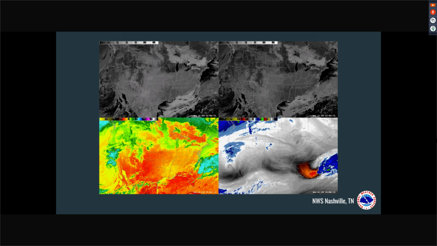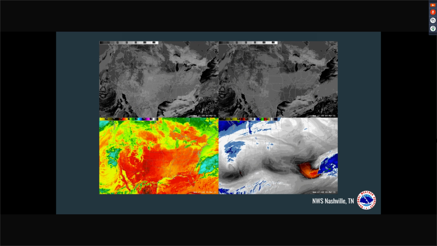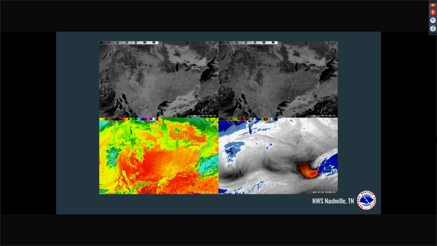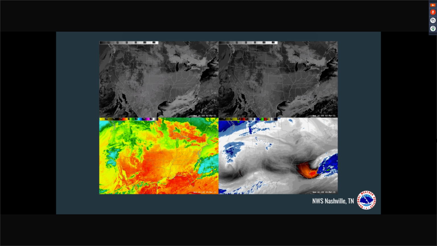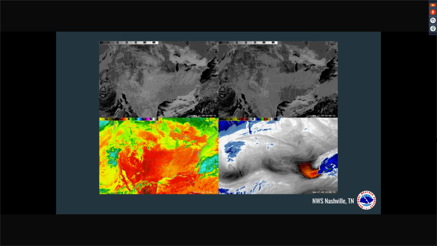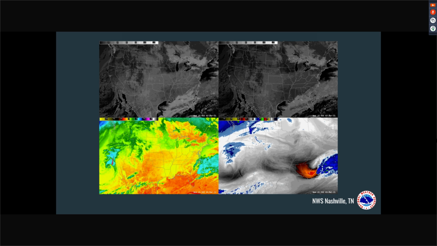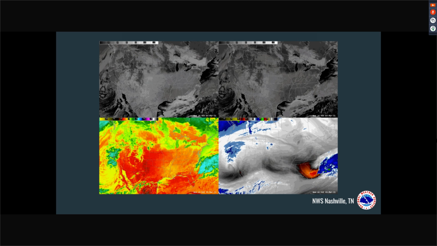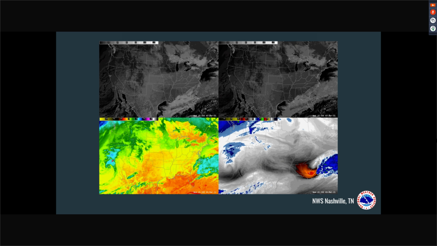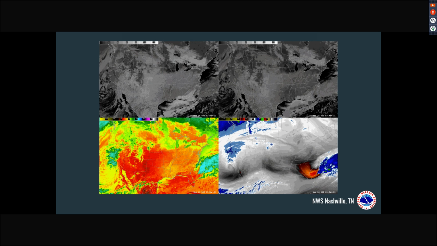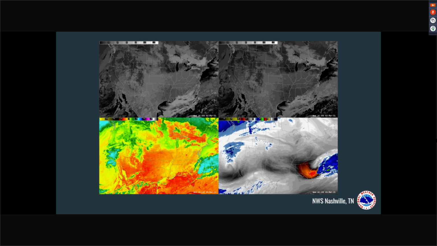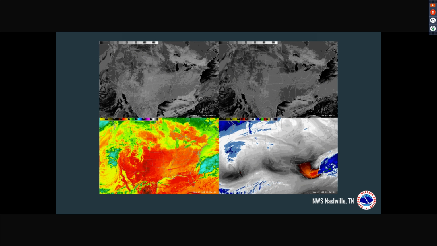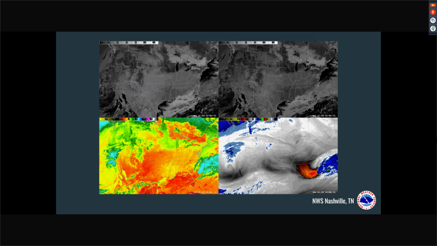I hope you guys knew that, but if you didn't, spoiler alert. So off the coast of California, remember how we saw all those cirrus clouds? They're super high in the atmosphere, and a lot of them are ice particles. And because of this, we're getting this cold emitted energy, which is why they're showing up in these blue colors. But then across the rest of the U.S., we didn't have any clouds. It was a pretty warm day. So we're seeing all this red showing up across the U.S.